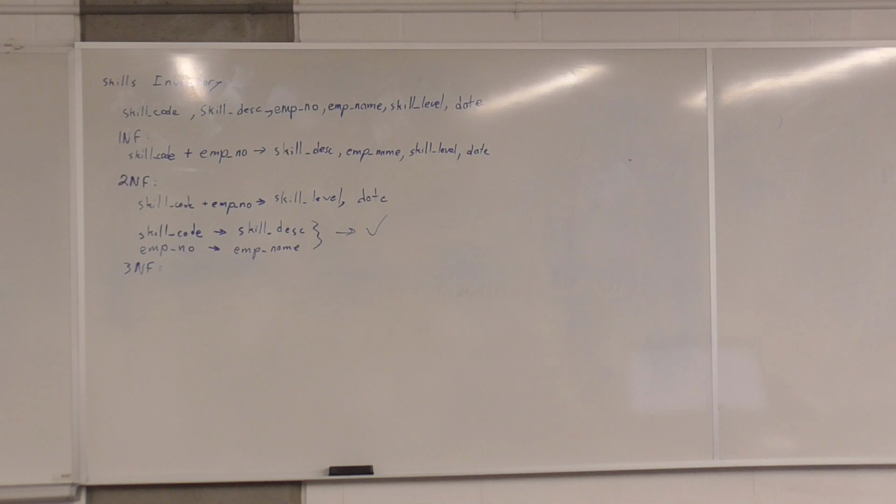So on this, does the date vary as skill level varies? No. Does skill level vary as date varies? But there's only just one date, so it would be an assumption, then. In fact, the date does not vary at all in this table.